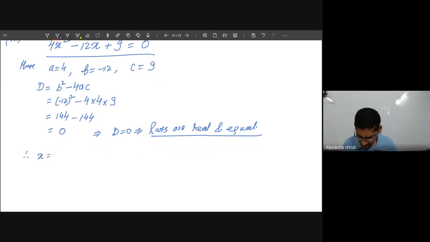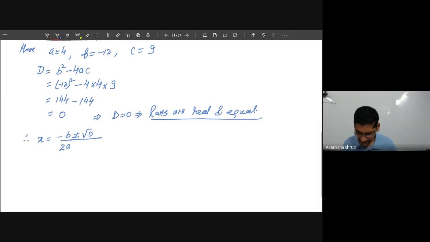Therefore x is given by minus b by 2a, or minus b plus minus under root d, even if you are putting it, you will get under root of d as 0. So minus b plus minus under root of 0, means in place of d we shall put 0, and in place of b we shall put the b that we have.